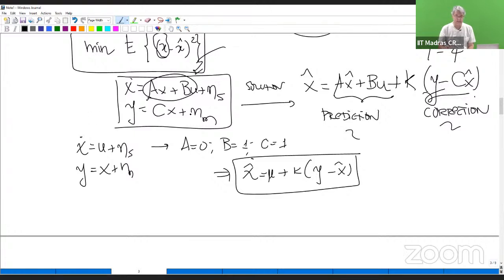When you have all this, how do you actually find the K? And again, Professor Kalman gives us a way of computing the K by solving another Riccati equation, which is very interesting. It's a different Riccati equation.